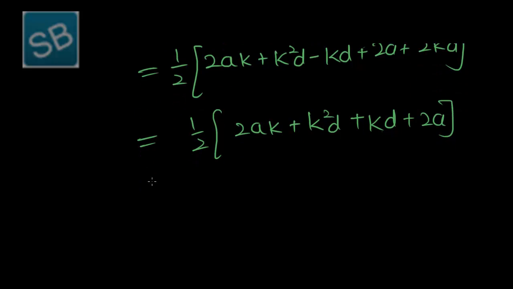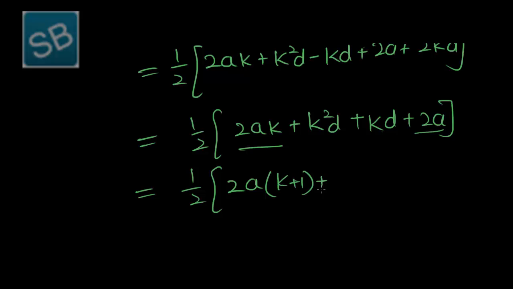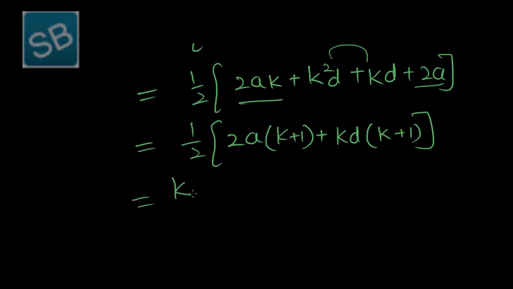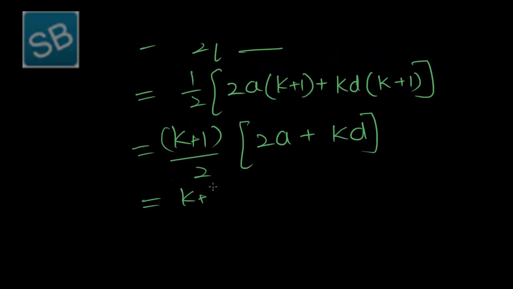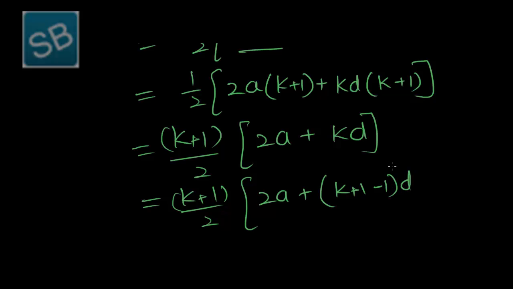So we get half, and 2a is common from these two terms and we get (k plus 1), and from these two terms k is common, d is common, in the bracket we get (k plus 1). So (k plus 1) over 2 is common out in the term (2a plus kd). Now kd can be rewritten, that is (k plus 1) over 2, (2a plus (k plus 1 minus 1)d).